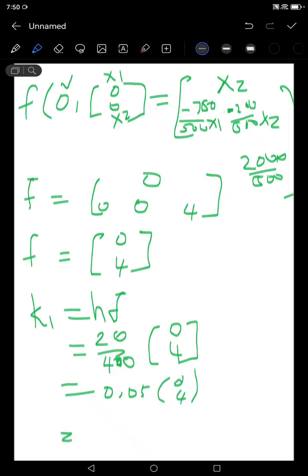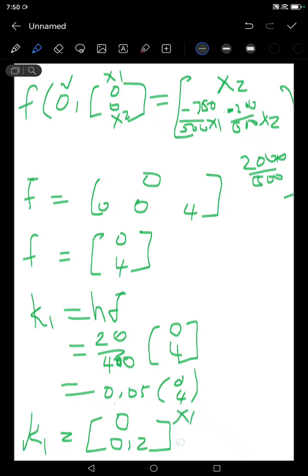So our k1 is 0.05 multiplied by 0, which is 0, and then 0.05 multiplied by 4, which is going to be 0.2. So our k1 is equal to 0 and 0.2.